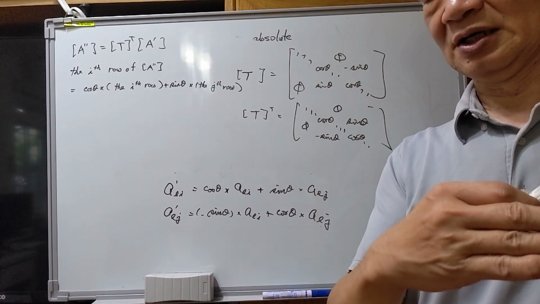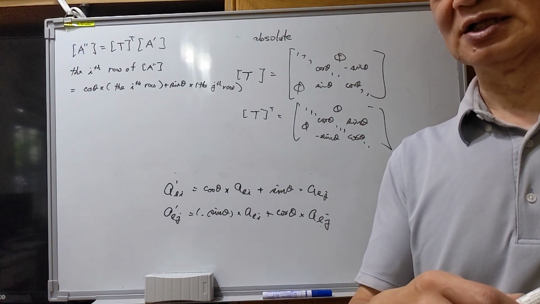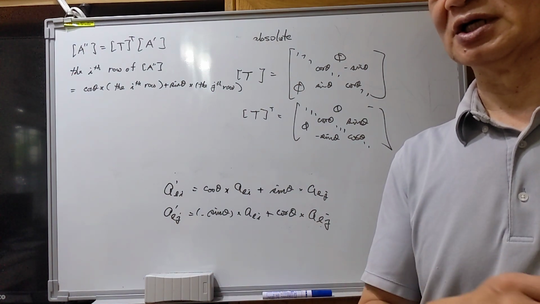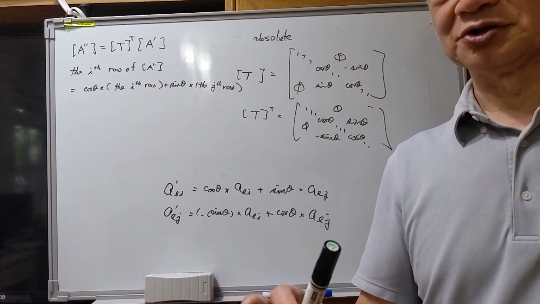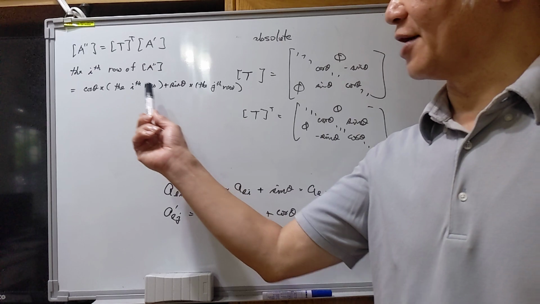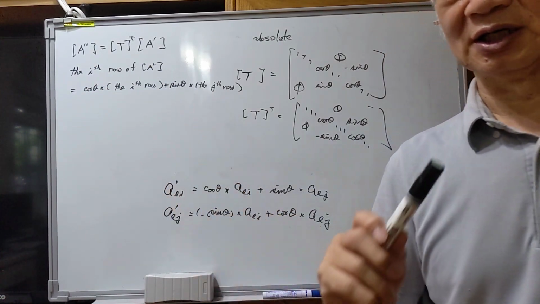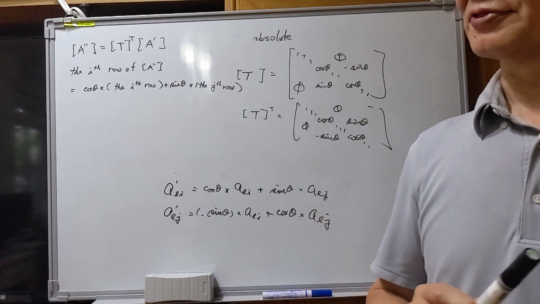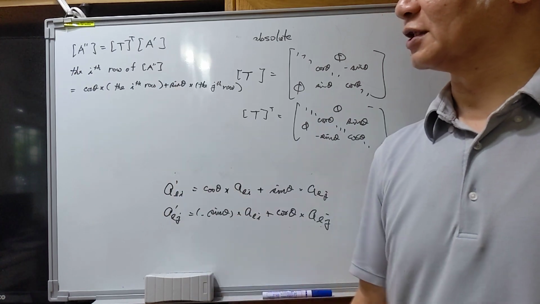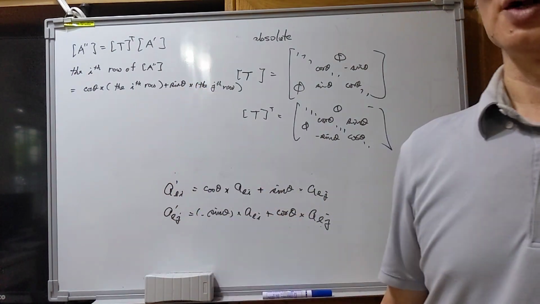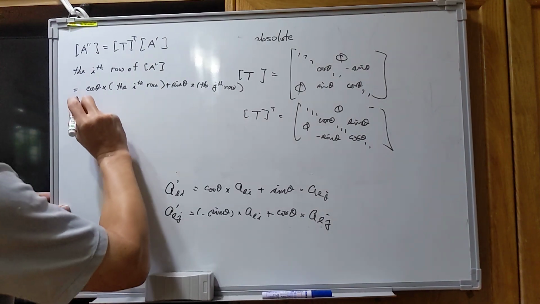So the first row, the second row, as long as they are not equal to I or J, will not be changed. Only the ith row of the A double prime will be different from the original ith row. And we can prove the ith row of the A double prime is equal to this one. And also you can use a formula.